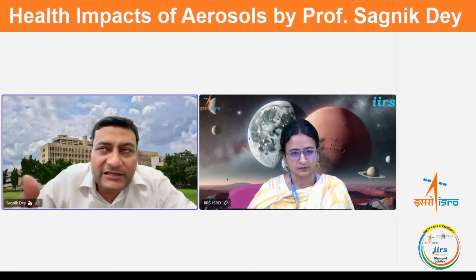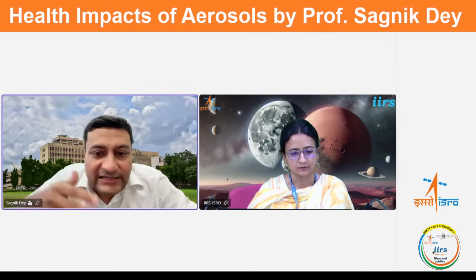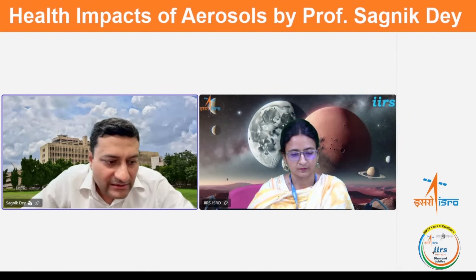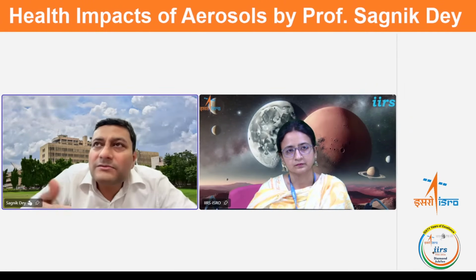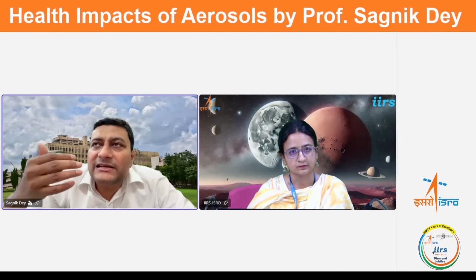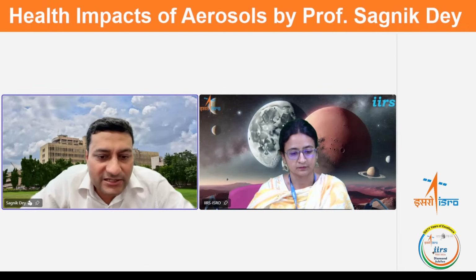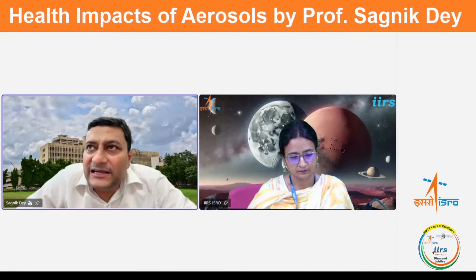Composition is one thing, as I mentioned, but size distribution is another thing, right? You can have different size distribution, yet same aerosol mass. So how different size distributions can lead to differential impact, we do not have full understanding. So this is one of the major knowledge gaps currently, I would say.